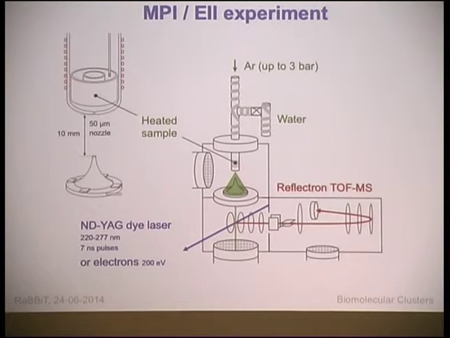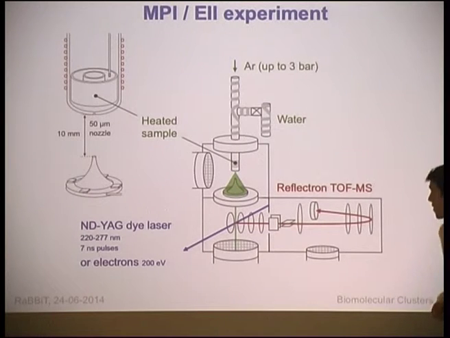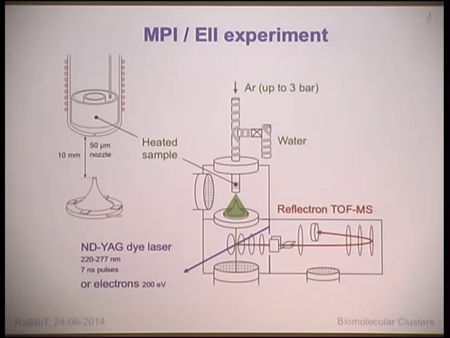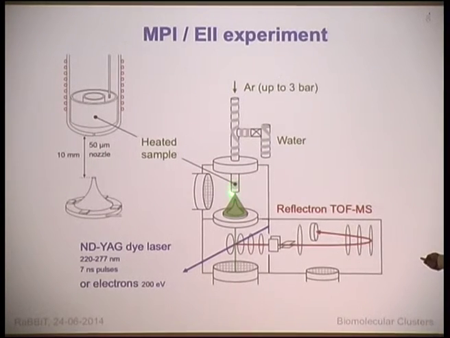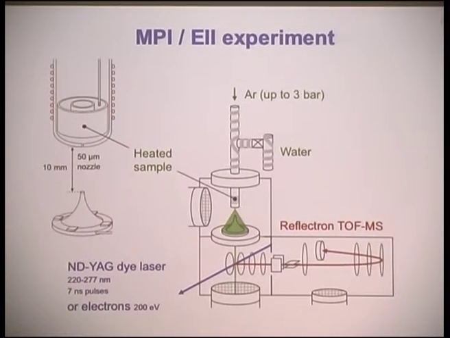So moving back to the experiments that we have actually done so far, looking at multiphoton ionization and electron impact ionization. Here's a schematic of our experiment. We produce our biomolecules, our nucleobases, by simple heating in an argon or helium atmosphere.